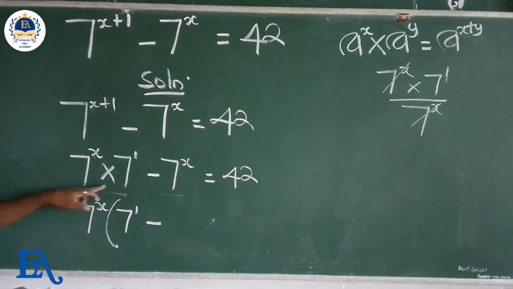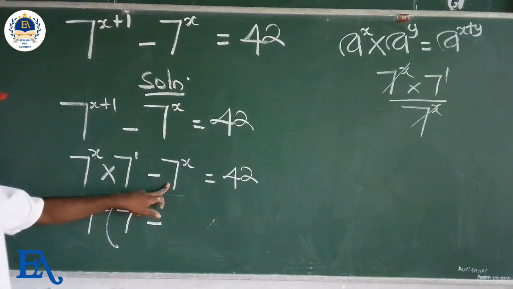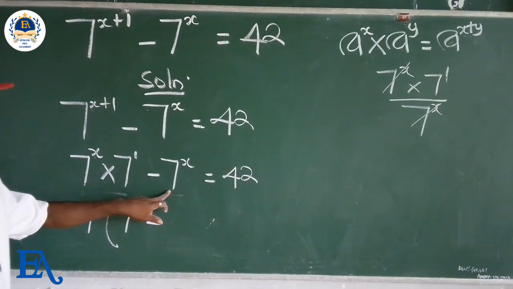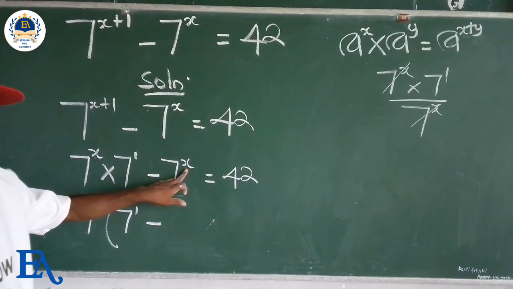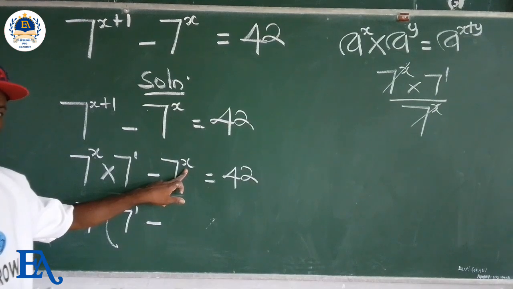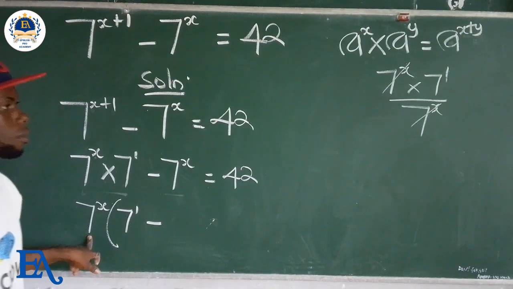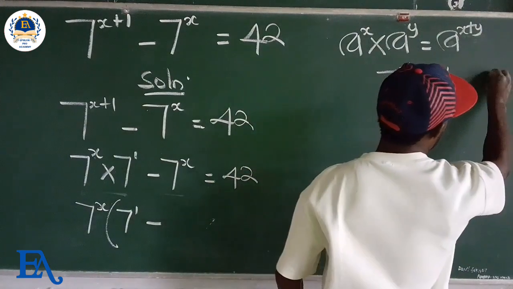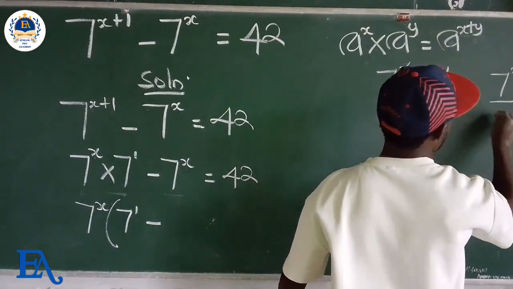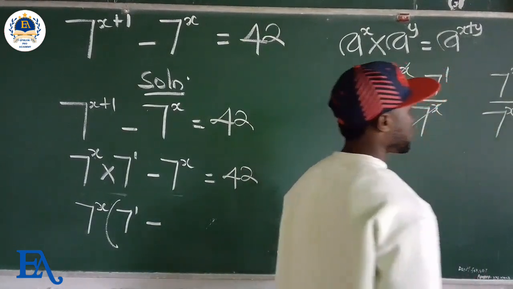We are through with this. Over to this. 7 raised to the power of x divided by 7 raised to the power of x.